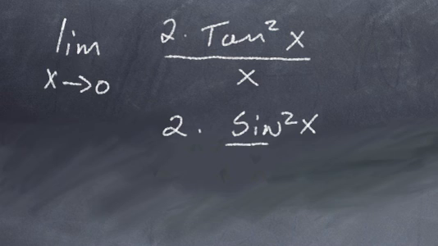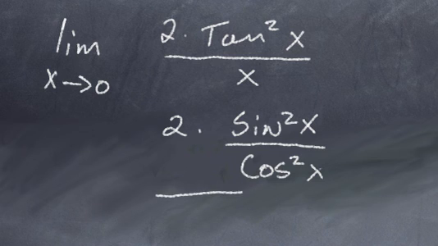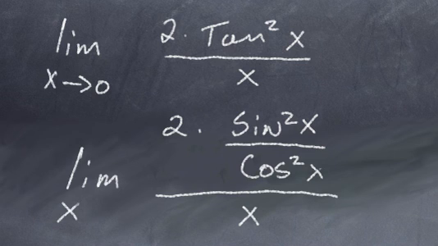So we have sine squared x over cosine squared x, and of course that's all over x, and don't forget to rewrite the limit. Alright, we don't want to forget that. And it helps, because this limit is still equal to this one.